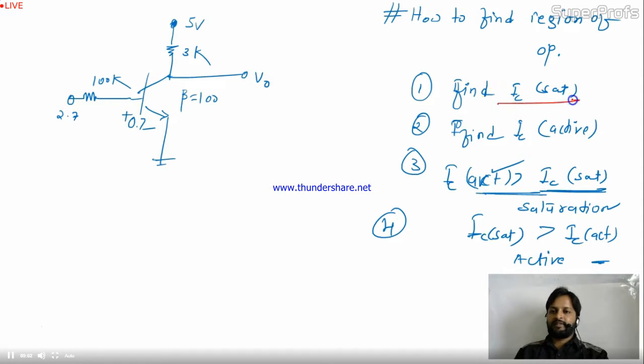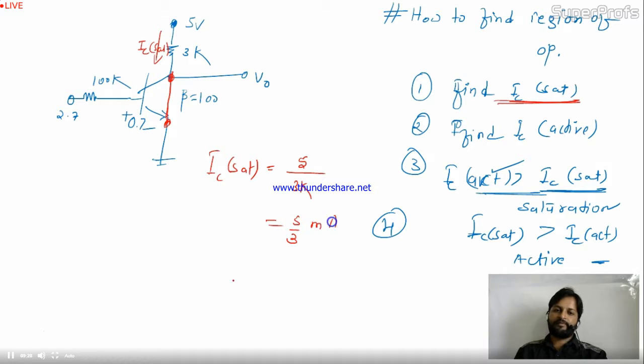How to find out IC saturation? To find IC saturation, you need to short these 2 points, collector and emitter. Once it's shorted, you can find out IC. In this case, this IC is IC saturation. When you apply the KVL in the circuit, it will be 5 divided by 3K, so this is 5 by 3 milliampere.